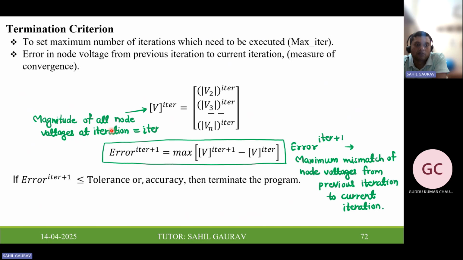So you have to record the magnitudes of all node voltages at each iteration and find the error in node voltage from the previous iteration. If the error is less than some tolerance or accuracy, then we need to terminate the program. So the first case is that if the maximum number of iterations is reached, then we have to terminate the program. Otherwise, if the error is less than this tolerance, then we terminate the program.